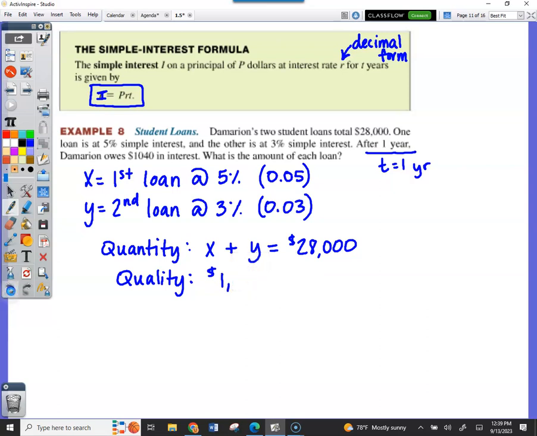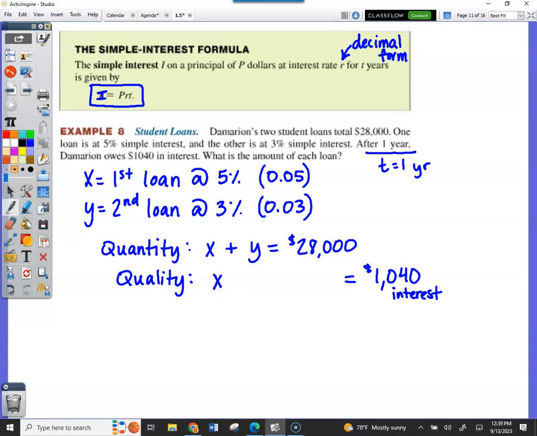Y'all probably want it the other direction. All right. So we know it totals to $1,040, and I'm going to make note that this is interest. Where did the interest come from? It came from P, meaning how much you took out.